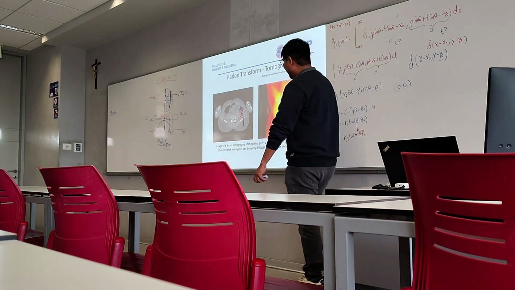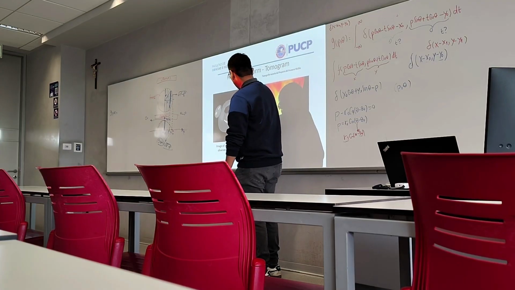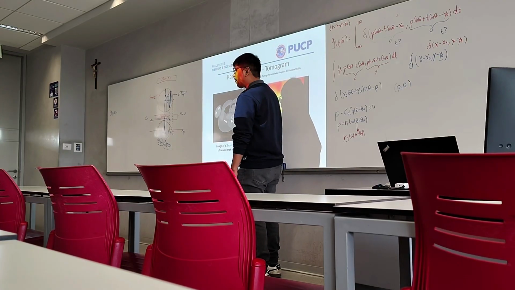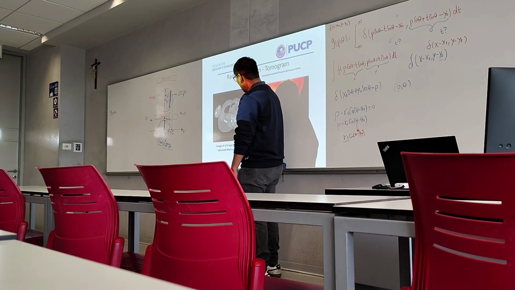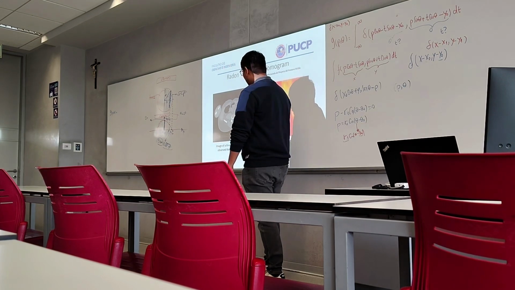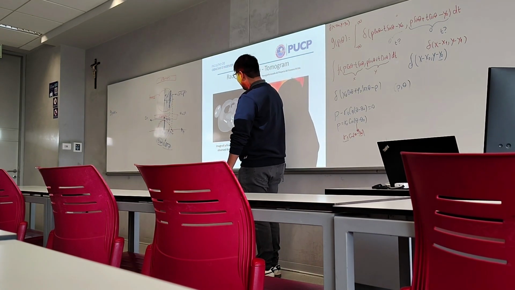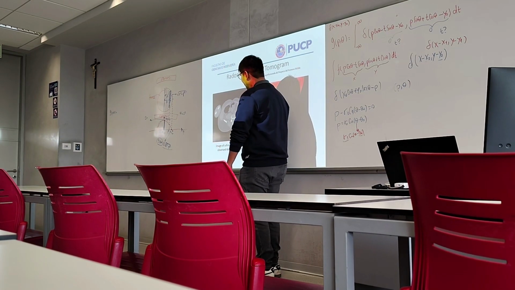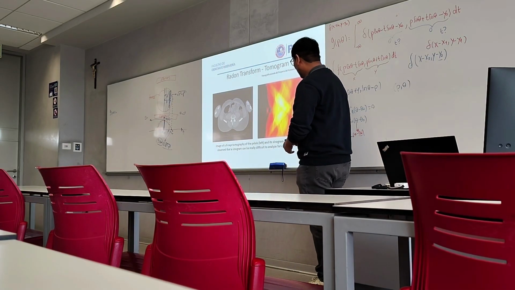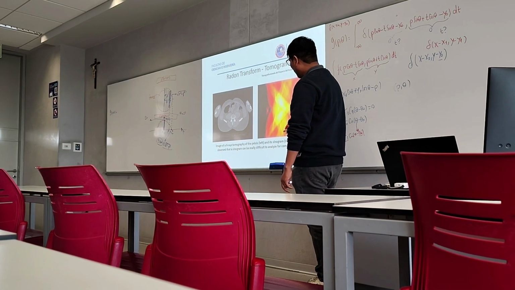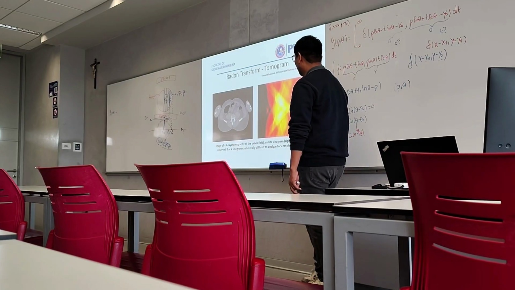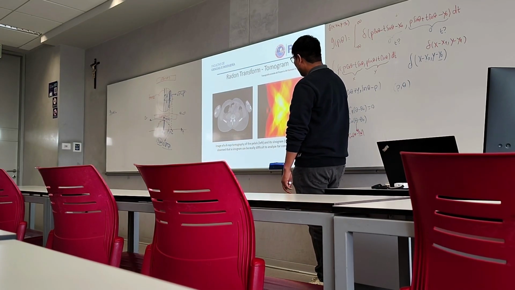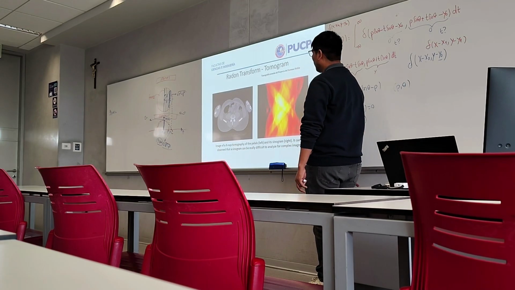Now imagine a more complicated image with variations in amplitude, which is more realistic. Using a 0-degree projection, we have some profile, and that profile can be plotted for 0 degrees, and we see the values across here. We have some curve.